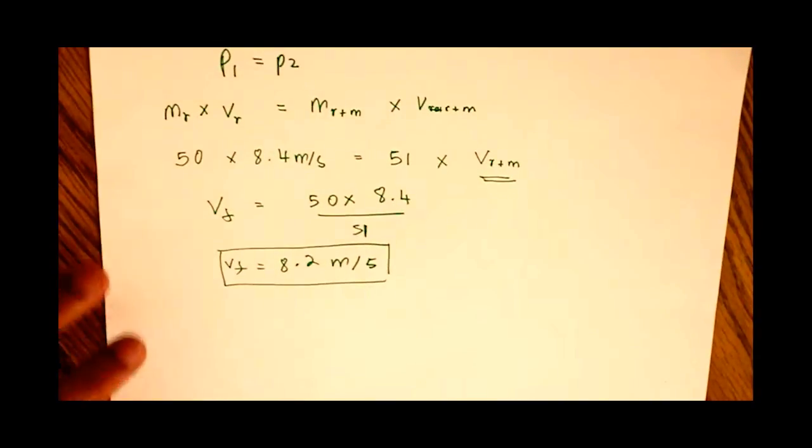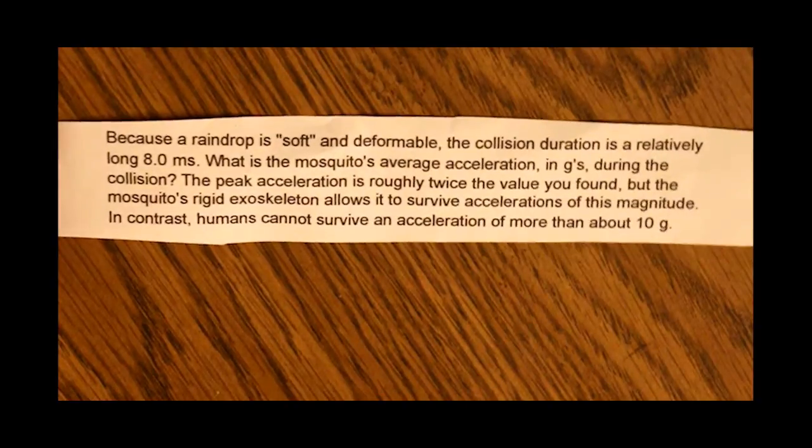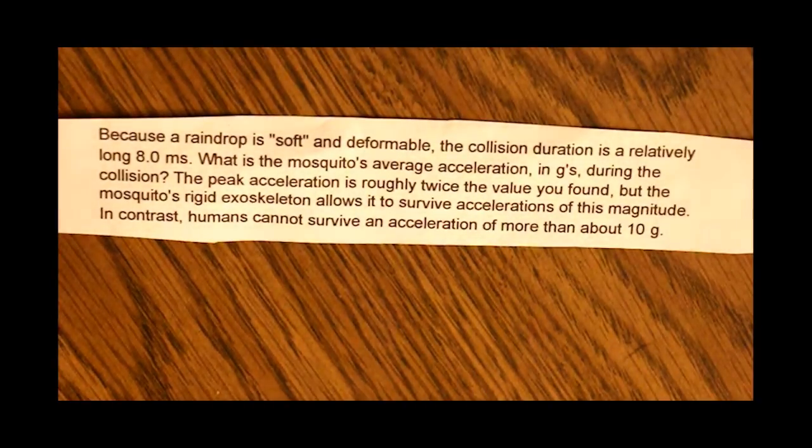Second part of the question is this. Because a raindrop is soft and deformable, the collision duration is relatively long, around 8 milliseconds. What is the mosquito's average acceleration in G's during the collision?